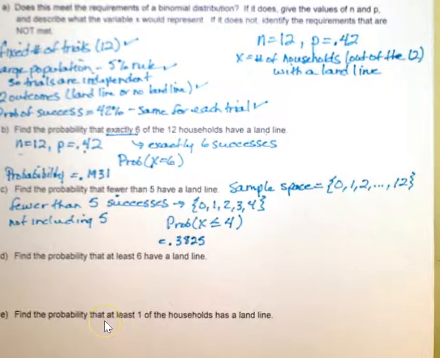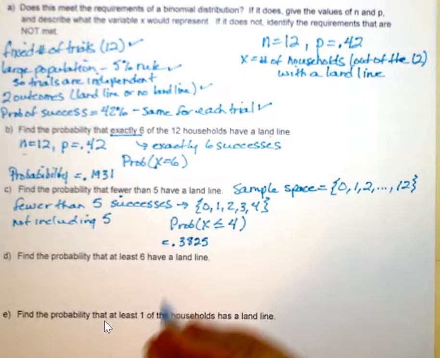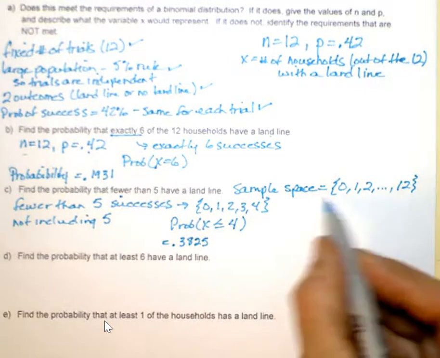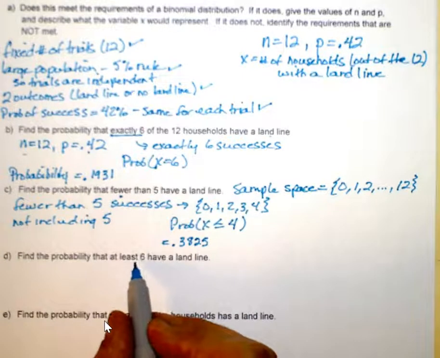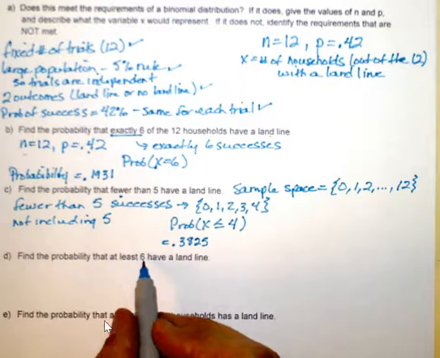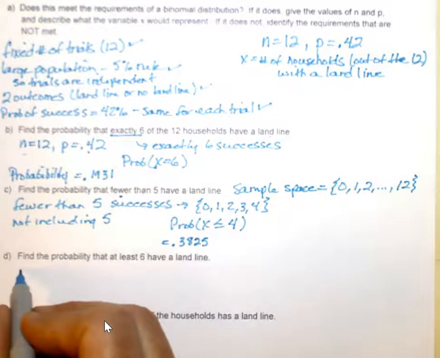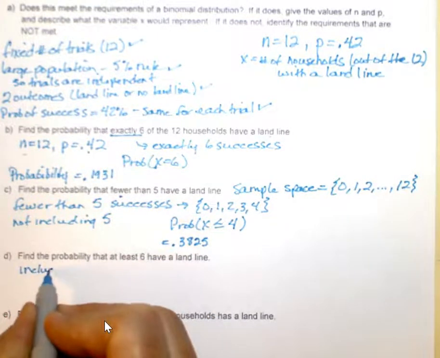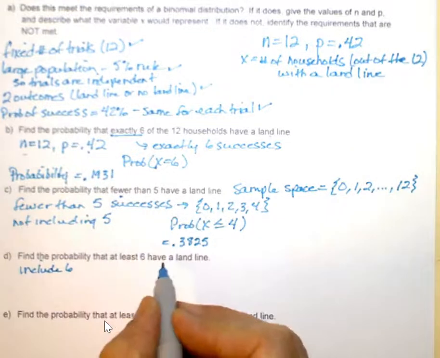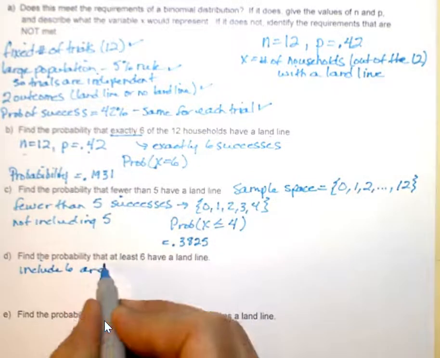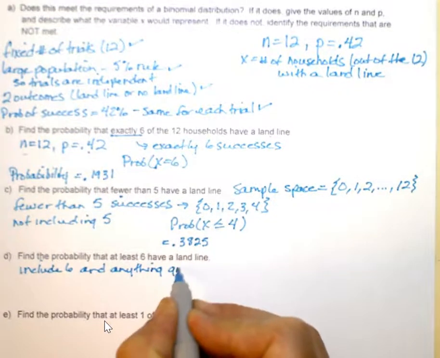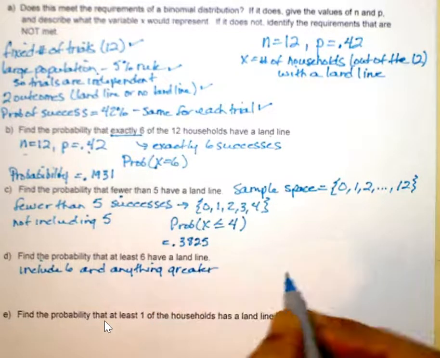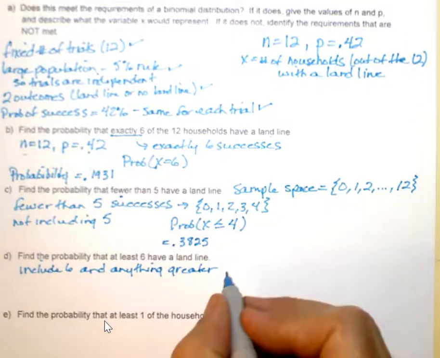The next question is to find the probability that at least 6 have a landline. So again, we're looking at our sample space and figuring out which of those numbers are included when we say at least 6. At least means that we are including the 6 and anything more than 6, up to the end of our sample space, which is 12.